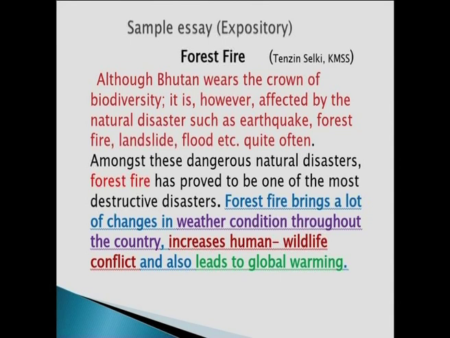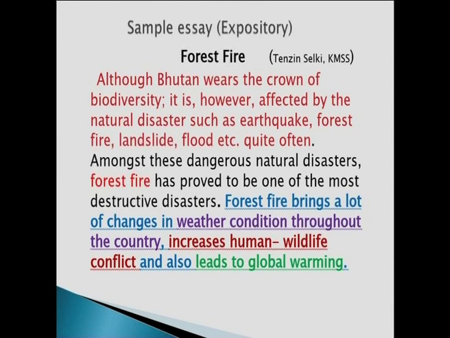And whereas if you analyze this dependent clause or the main clause, it says it is however affected by natural disaster such as earthquake, forest fire, landslide, flood, etc. quite often. So once again, that word however is helping us to insert an opposite or contradictory idea. So in the beginning, the message is Bhutan is very rich in natural resources.